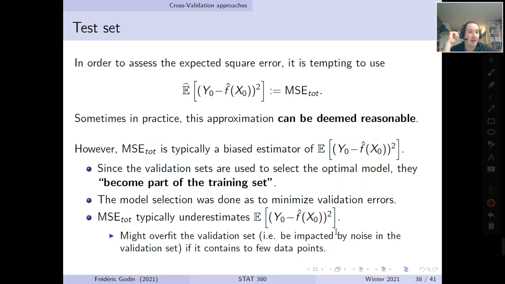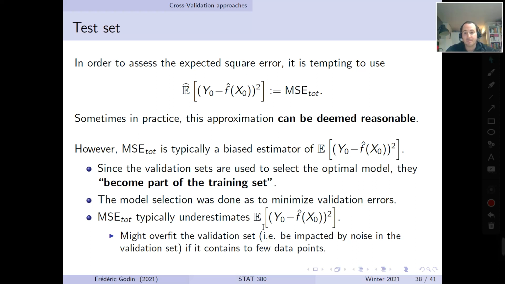Since it has been chosen so as to minimize the MSE total, that MSE total might be a bit smaller than the true value just out of randomness, which would be overfitting the validation set.